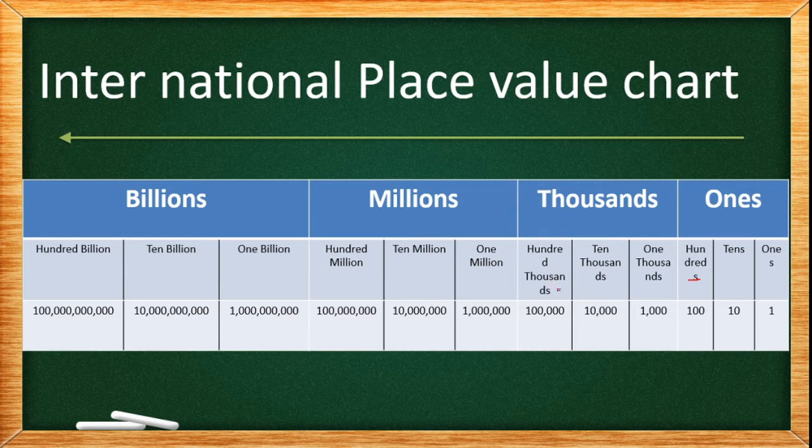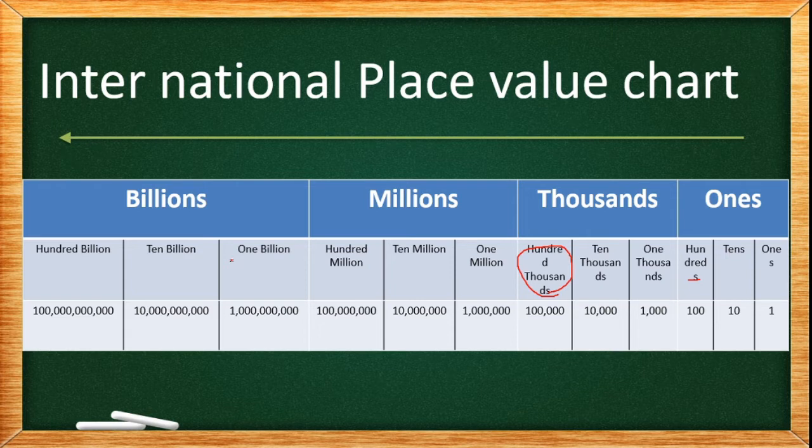Then one difference from the Indian place value chart is that there is 100,000 also. Next is 1 million, 10 million, and there is no lakh here. 100 million, then 1 billion, 10 billion, etc.